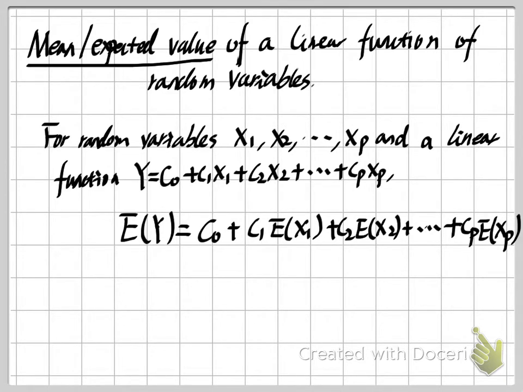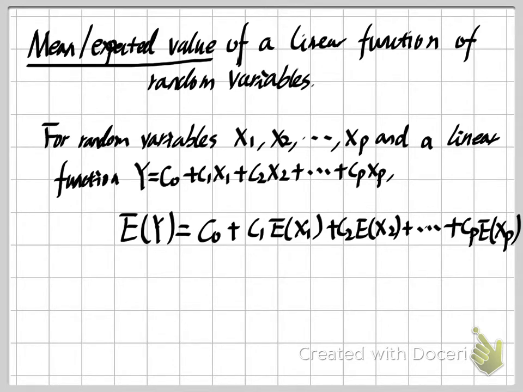For the mean of the linear function of random variables, the expected value of y is equal to c0 plus c1 times E[x1] until cp times E[xp].